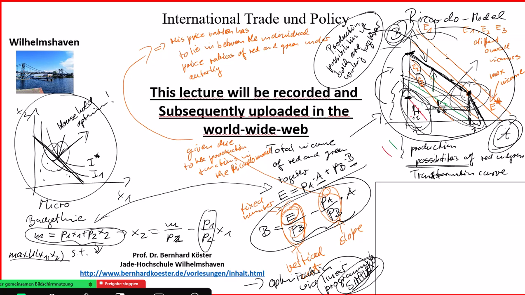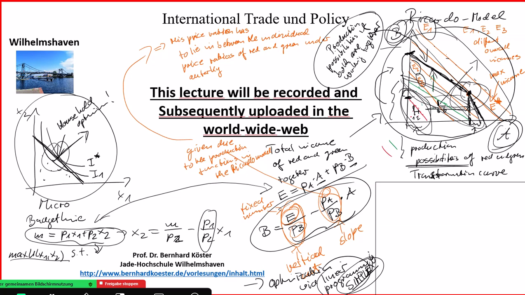We meet somewhere in an exchange ratio, represented here with the yellow lines, which is in between the slopes of the two transformation curves. And this, of course, can be interpreted as just the price ratio of these two goods, A and B.